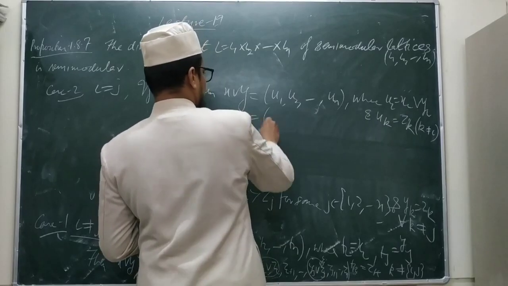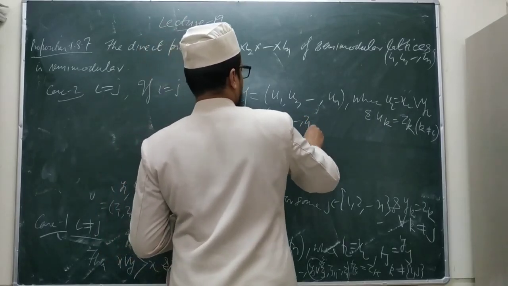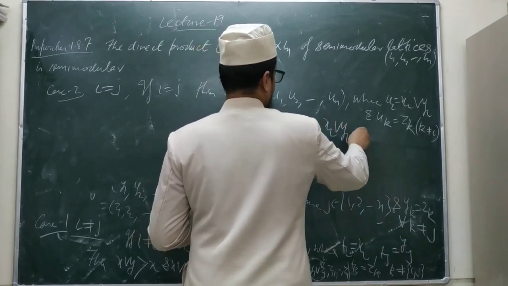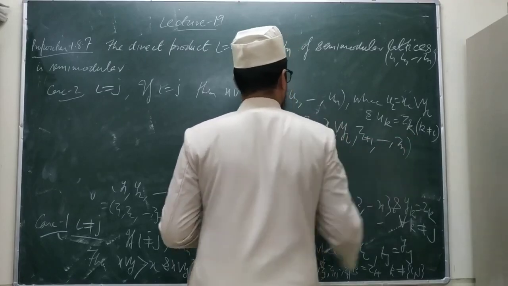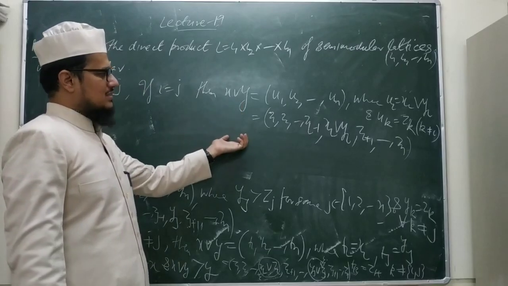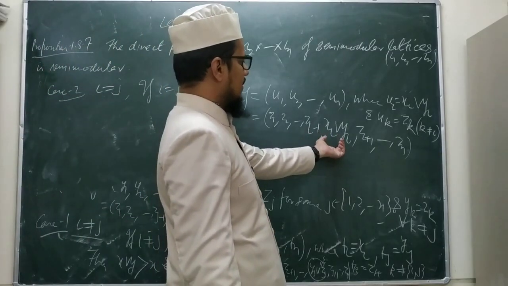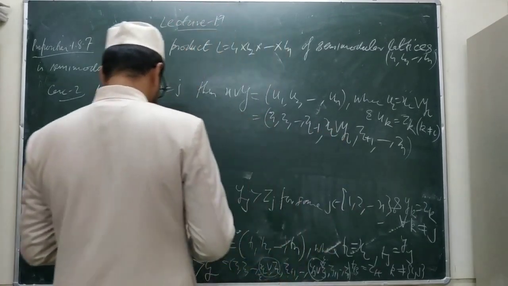It means that at the ith bit what will happen: z1, z2, zi minus 1, and at this place it will come xi join yi, and here zi plus 1, zn basically. And it is obvious that x join y will cover x as well as y, because xi join yi will cover xi as well as yi, correct?